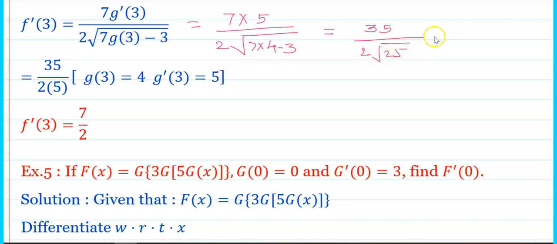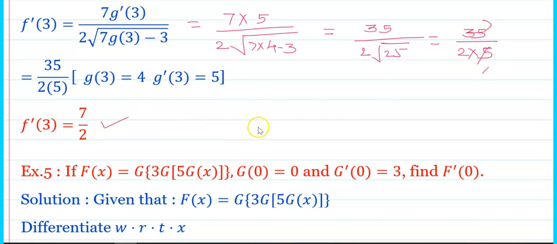Root of 25 is 5. So this is 35 upon 2 into 5. If you simplify it, you will get 7 by 2.